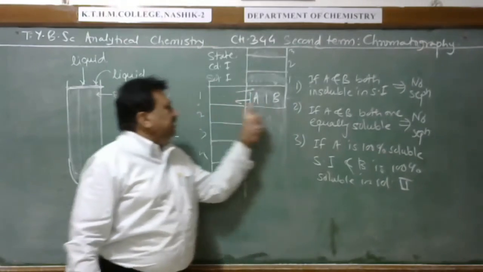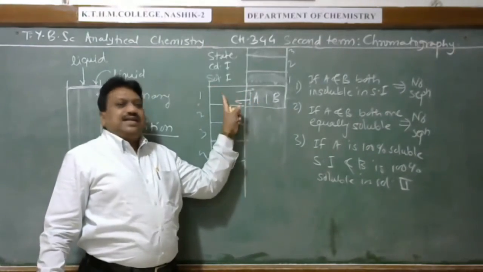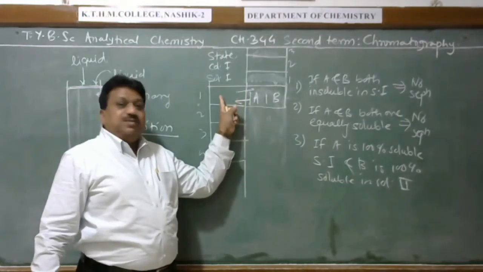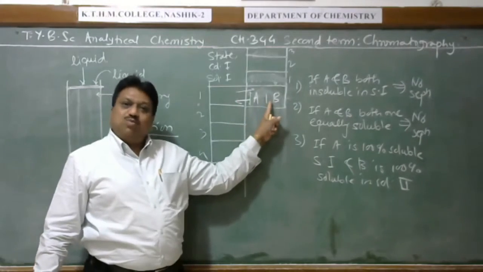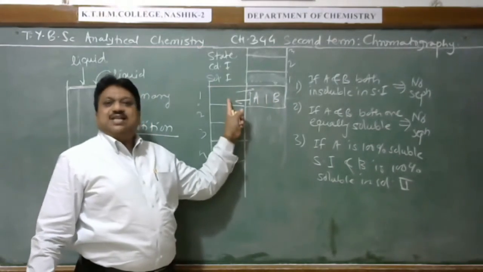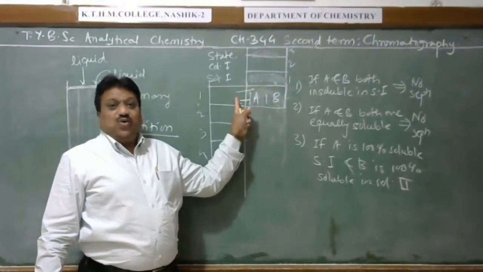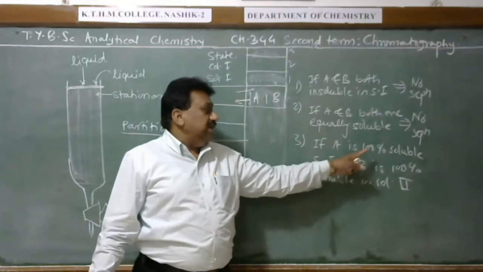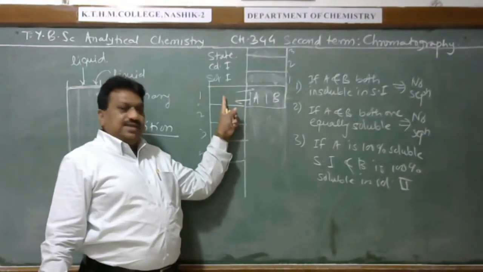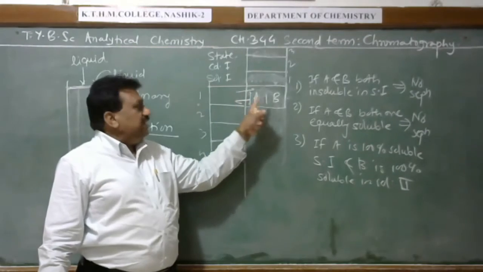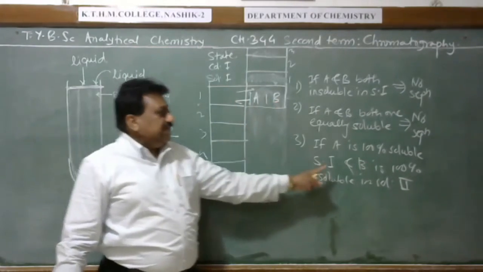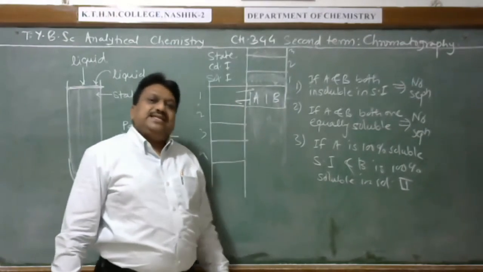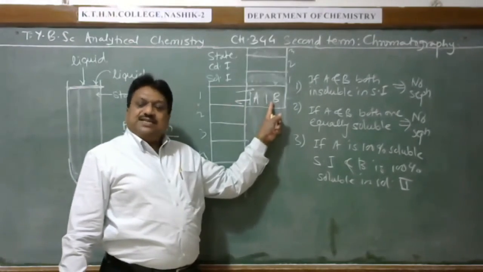If A is 100% soluble, it means total A gets transferred into this box. And if B is 100% insoluble in this solvent but 100% soluble in mobile phase, that means B is not transferred into this stationary phase. Therefore, if the solubility difference is large, that means total amount of A gets transferred and B remains in mobile phase.